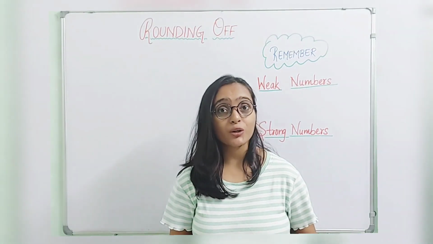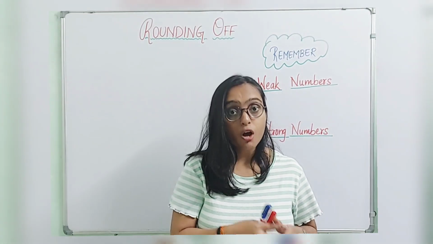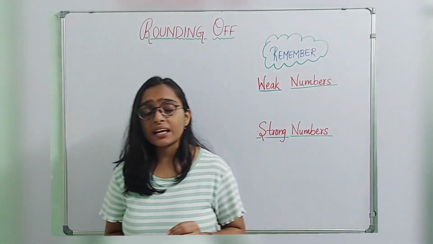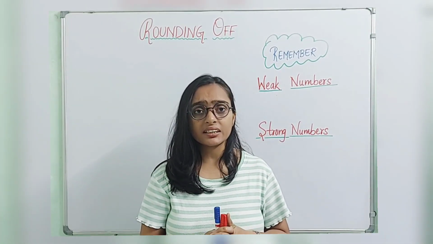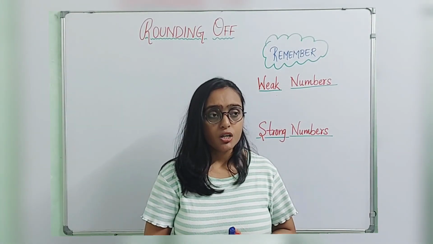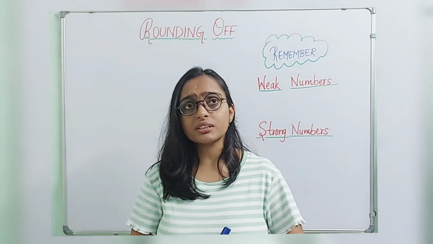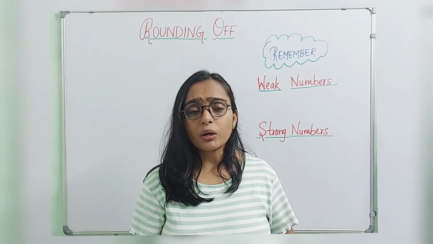In this video, we are going to understand how we find the approximation of a number, or simply rounding of numbers. But before understanding what rounding of numbers or approximation is, let's first understand why we round numbers. For example, if I have been asked how many students are there in my class, I will say about 200 students.